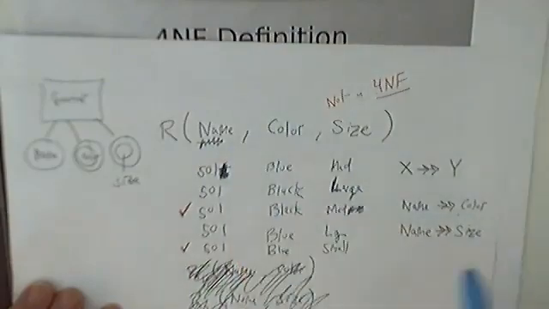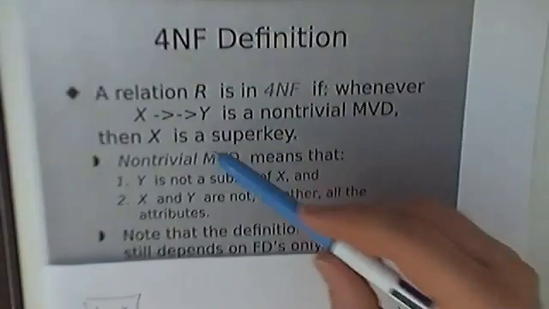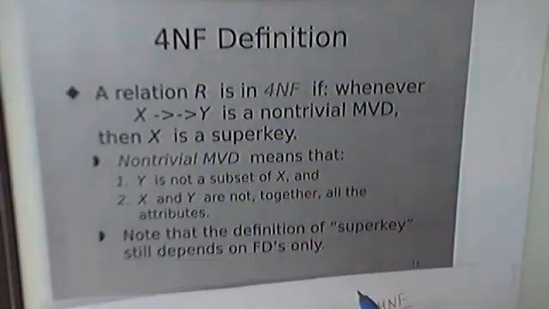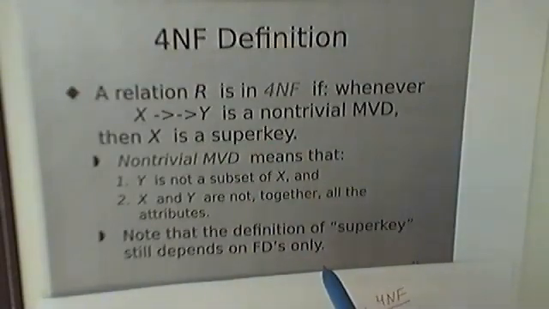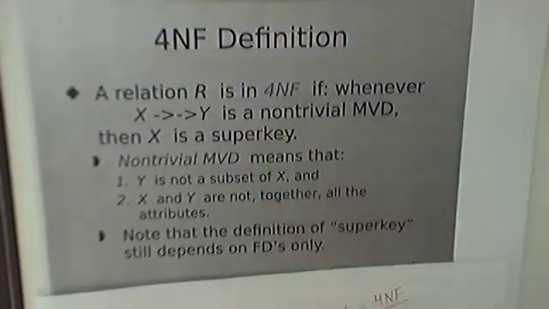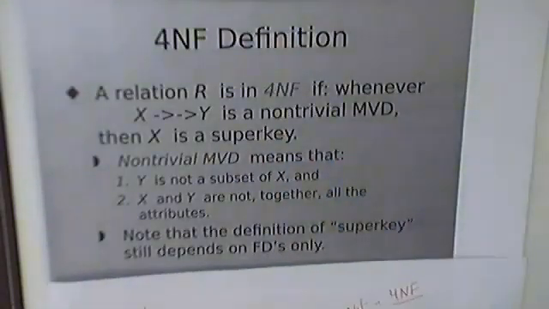Remember now, if we're going to 4NF, we include this. 4NF also includes the definition of functional dependencies as well, because they promote up. So basically, if something is in 4NF, it will be in BCNF as well. It's just a bit more strict than BCNF.